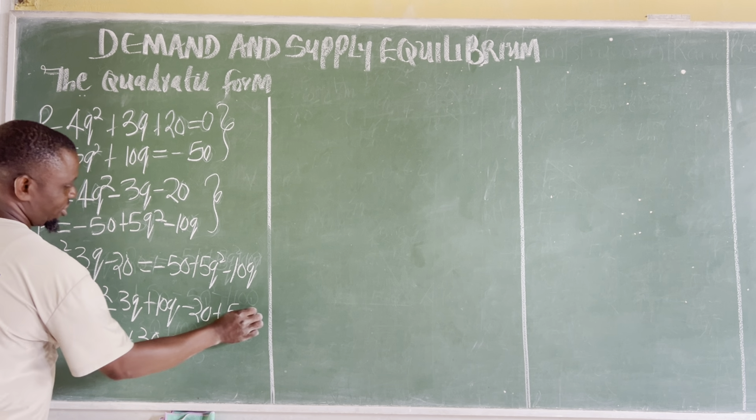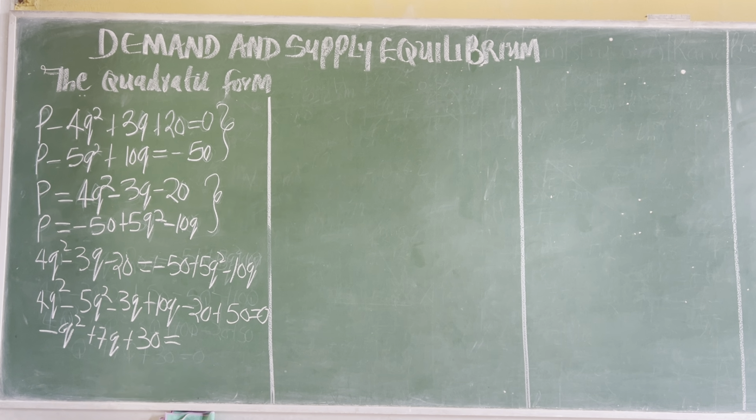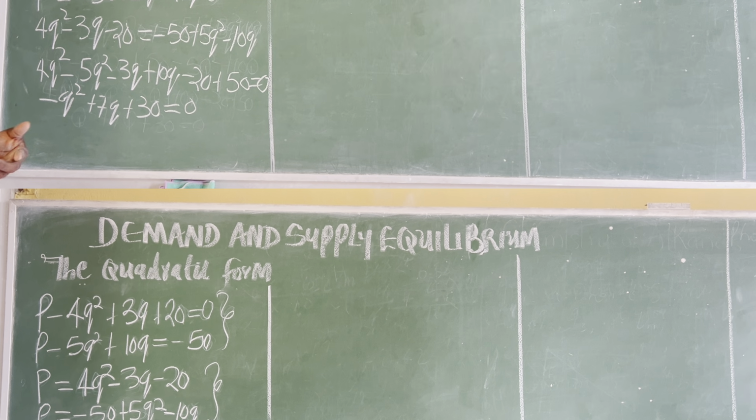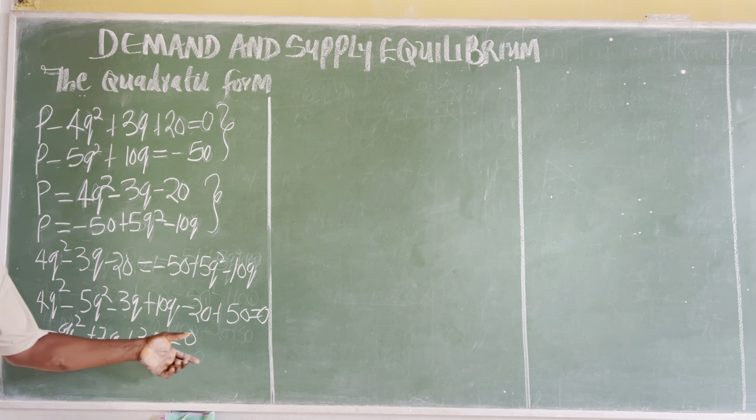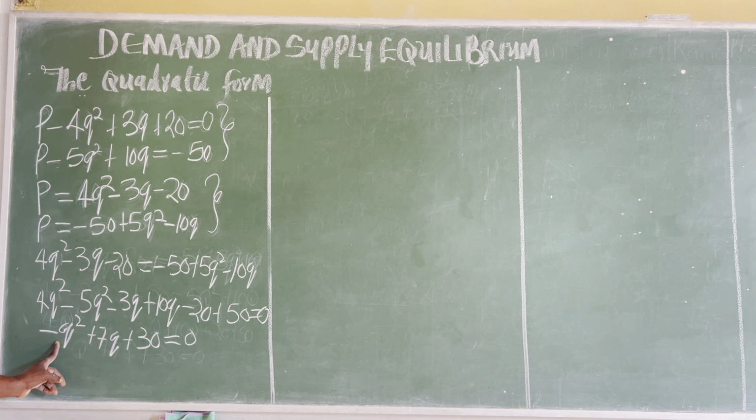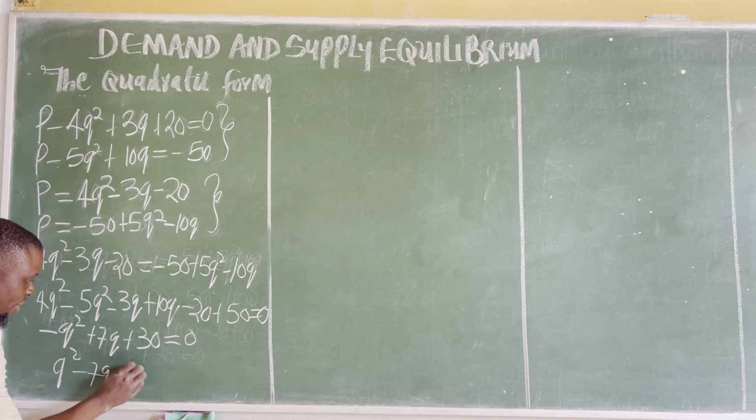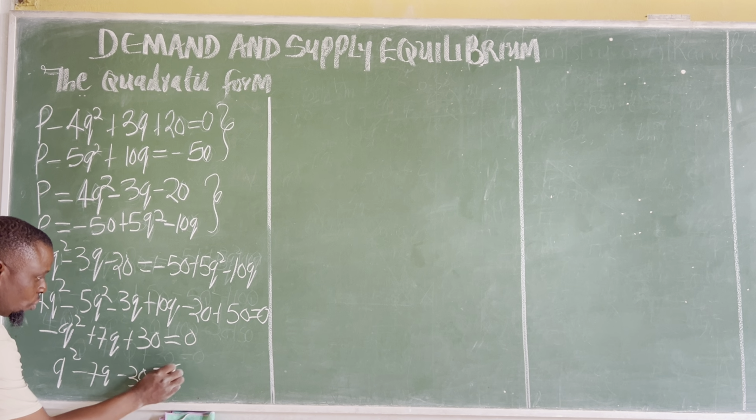Remember that the whole of this is equal to 0. And now, because we have a negative value here, what we need to do is to multiply all of this by minus 1 because of this negative sign. And so if we do that, this is going to be plus Q square minus 7Q minus 30 is equal to 0.